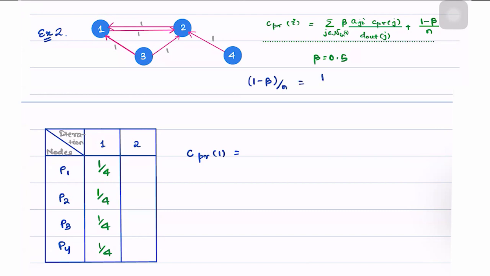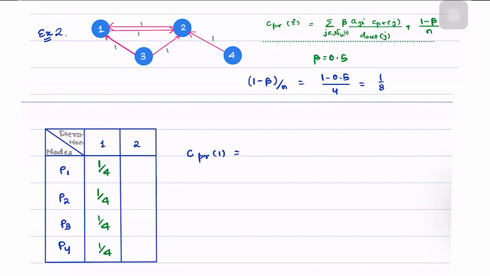So this number is simply equal to (1 minus 0.5) divided by 4, which is nothing but 0.5 divided by 4, which is 1 by 8. So every node here has a centrality equal to at least 1 by 8. Okay, let's now get started with the calculation.